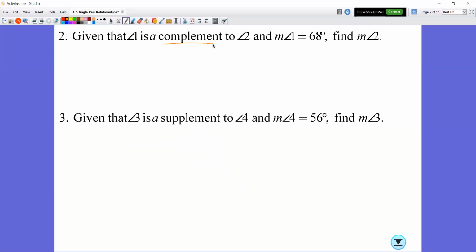Yes. So I'm going to start with that 90 and subtract out the measure of angle 1 to find the measure of angle 2. So 90 minus 68 is equal to 22. So the measure of angle 2 is 22 degrees.